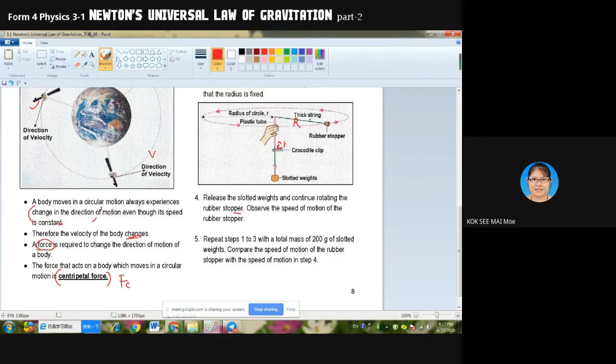Sure, the first time you find it becomes heavy, something is pulling down. Then observe the speed of motion of the rubber stopper. What do you think about that? When you just release your left hand, what happens to the speed? Can anybody answer? Faster or slower?